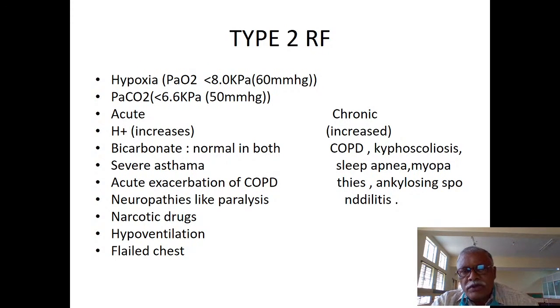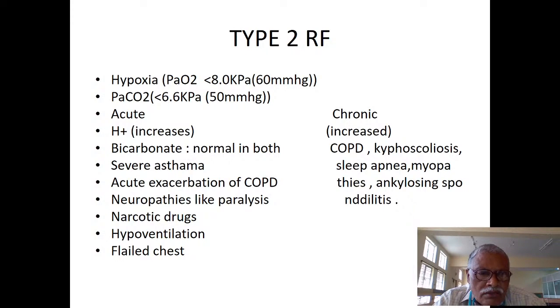Type 2 respiratory failure is seen with hypoxia, less than 60 millimeters of mercury, that is the oxygen tension in the blood, and partial pressure of carbon dioxide more than 50 millimeters of mercury.